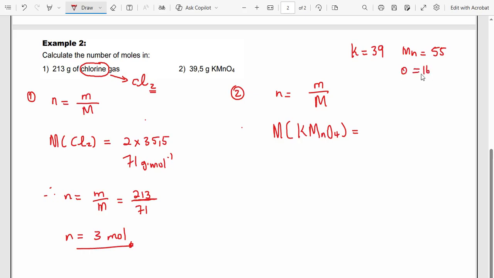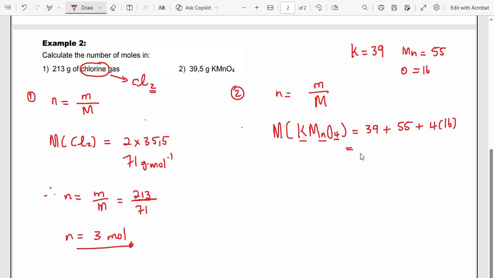Now remember, K is just K, there's no subscript. We're going to take the 39, we add manganese, which is 55, but oxygen has a subscript 4, so we're going to add 4 multiplied by 16.